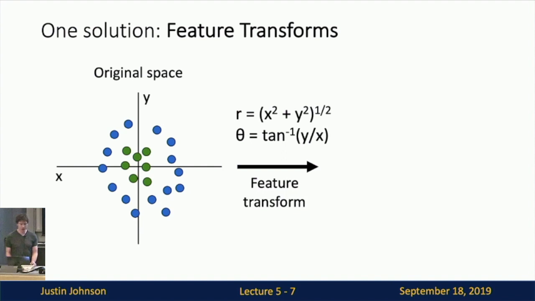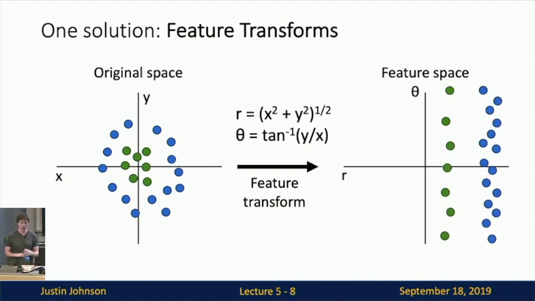As an example here on the left, with our human intuition, we think that maybe transforming this data from Cartesian into polar coordinates would be a better representation of this data for the purpose of classification. So we can imagine writing down this feature transform, which simply converts the Cartesian representation of our data into this polar representation of our data.